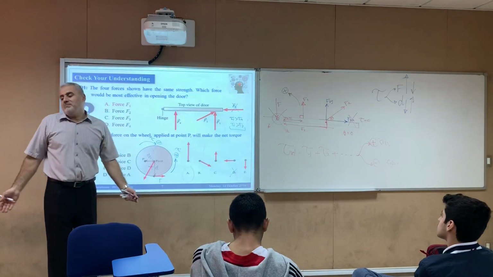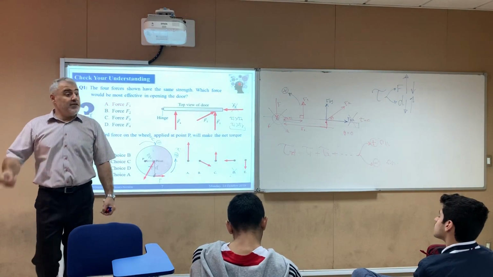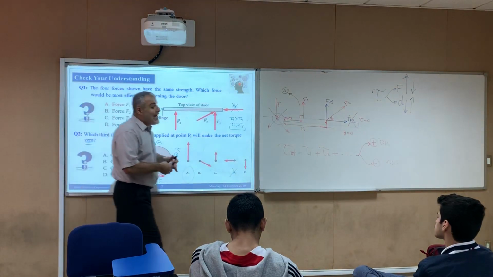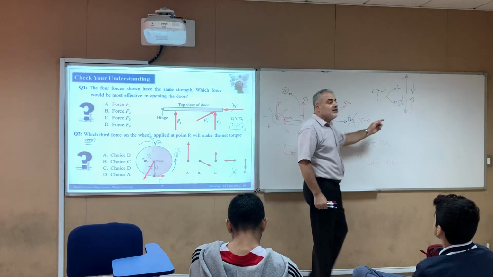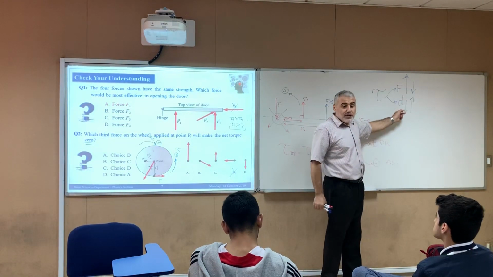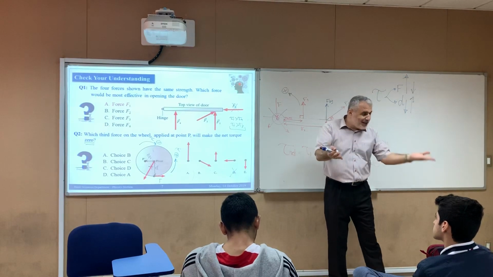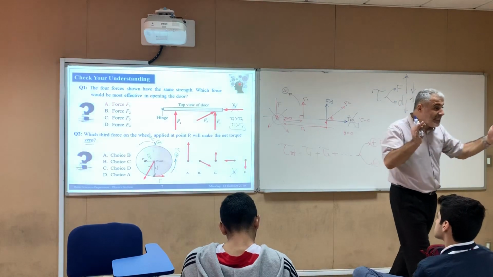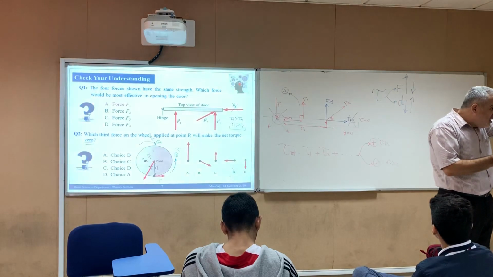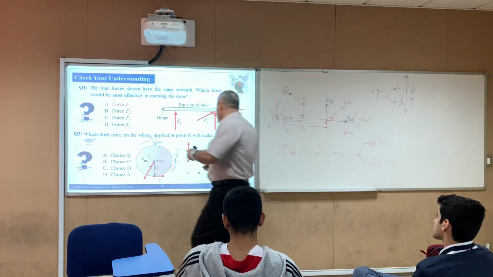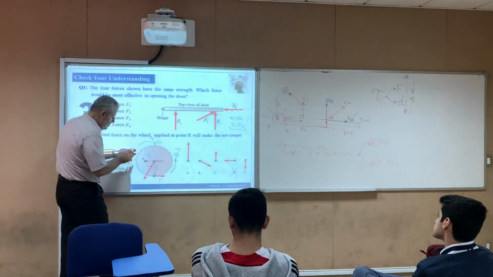When you say something, you should convince yourself at the first step, right? I explained this here on purpose for you to get the answer. If we control the torque by controlling distance or force, if distance decreases, the force should increase to get the same torque. Now let us imagine we put this one here.